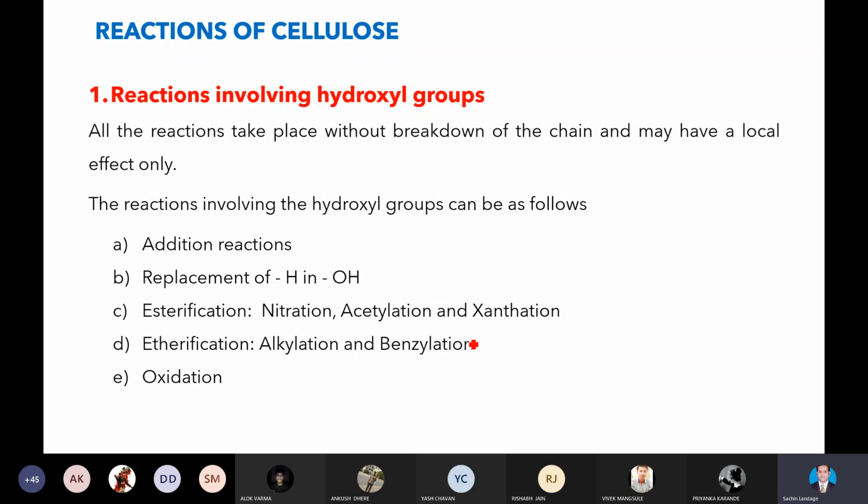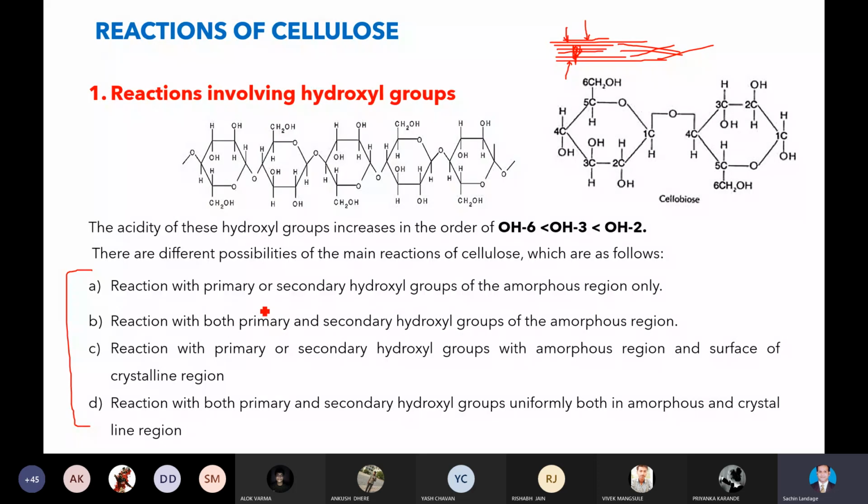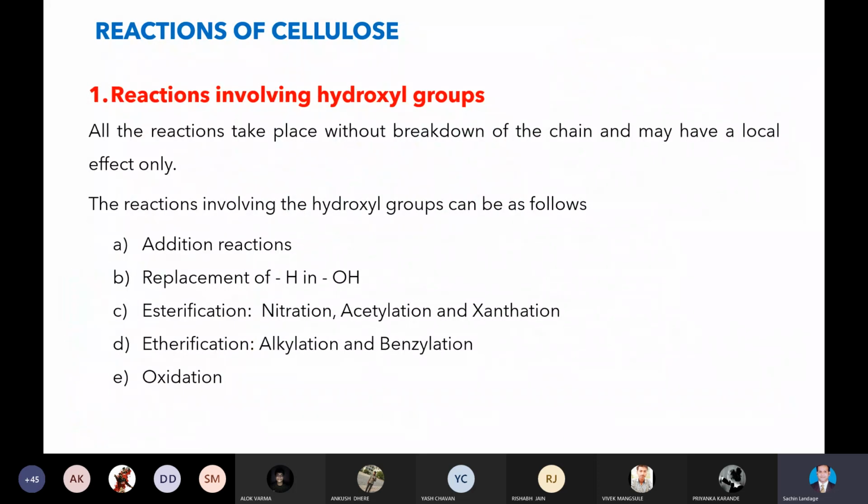So you don't get confused between these four and these five different types. Whatever reactions of the primary or secondary hydroxyl groups present in the amorphous region, they may undergo addition or replacement of the H in OH, or nitration, or alkylation, or oxidation. Any of these reactions they will undergo.